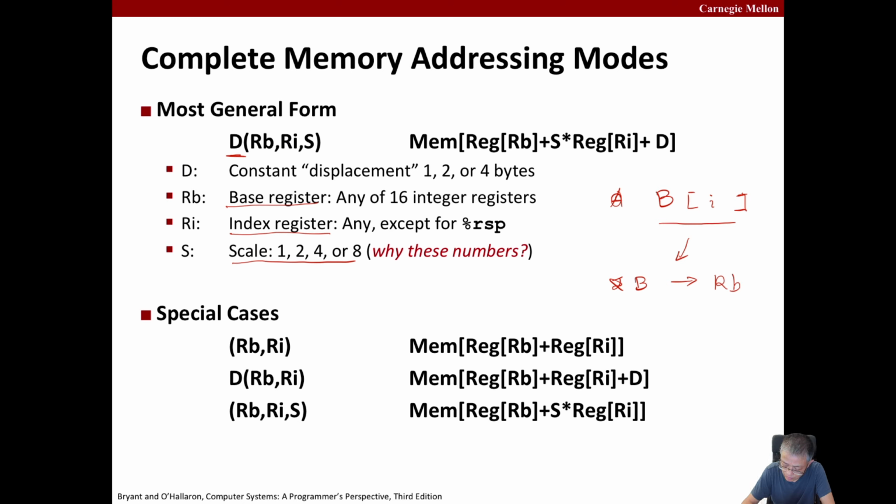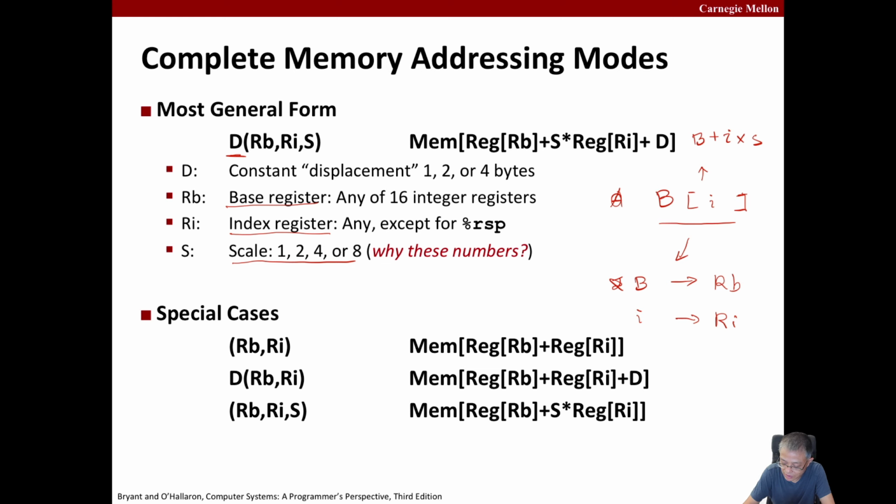Then we can put the index I into our index register, right? Then we can add a scale. So when we need to find the memory address of this element, we basically do the address of B plus I multiplied by a scale.